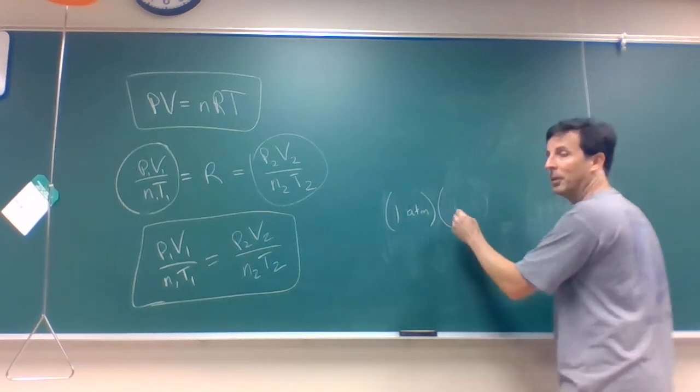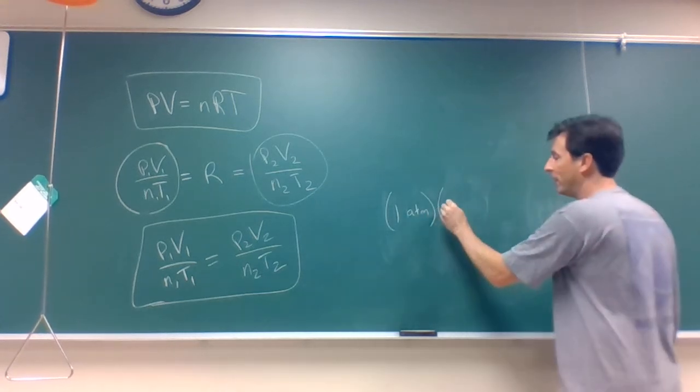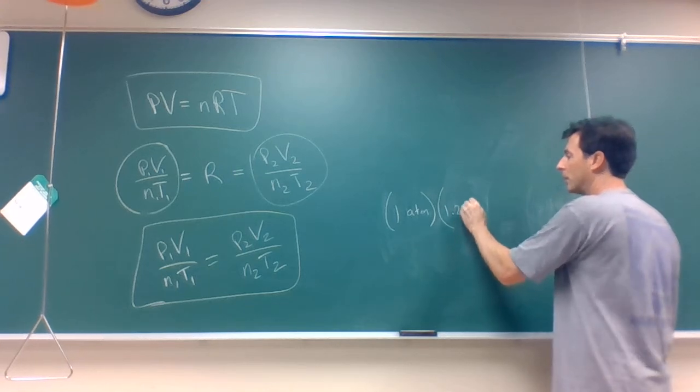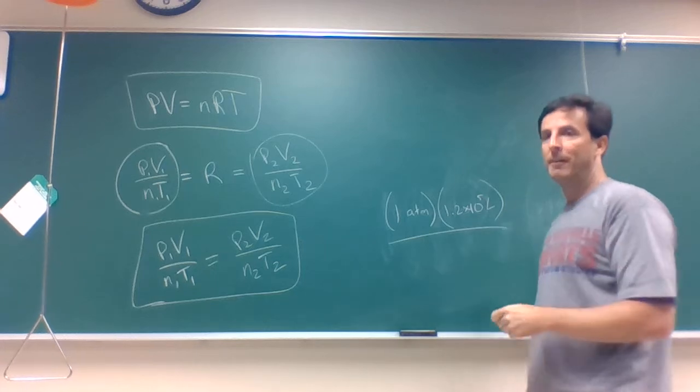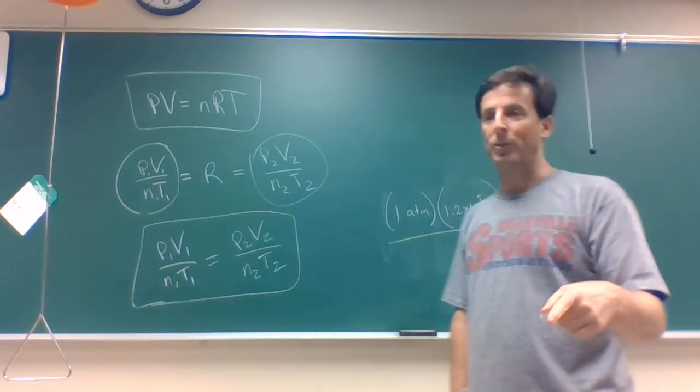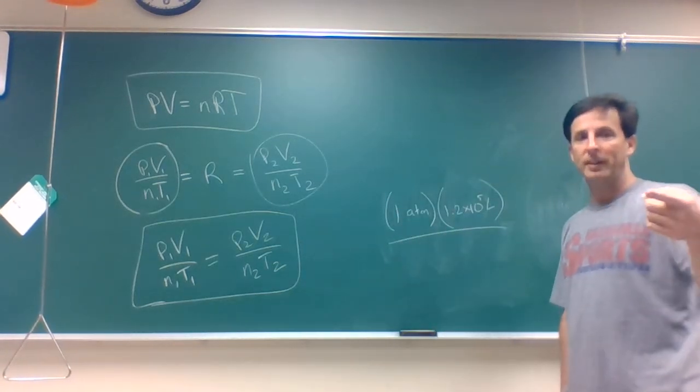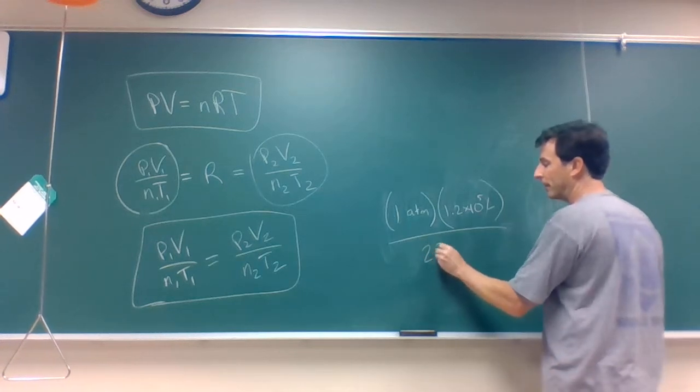My initial volume was 1.2 times 10 to the 5th. And my initial temperature, they gave me 15 degrees Celsius. I add 273, that's going to be 288 Kelvin.